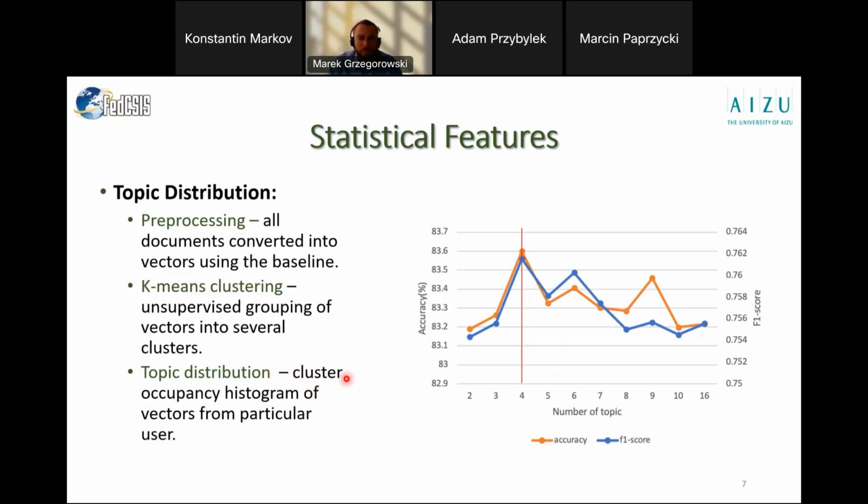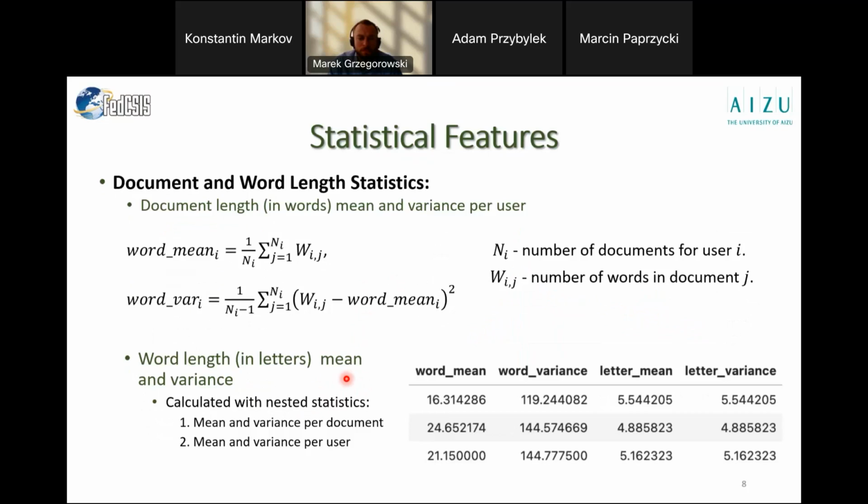The next feature that we extract from user data is simple statistics of word length in letters and document length in words. We just take the mean and variance of the document length, and the same thing we do for the words, but here we use nested statistics.